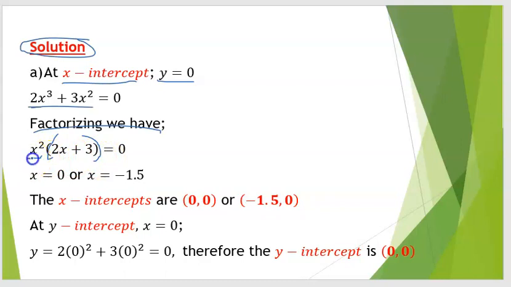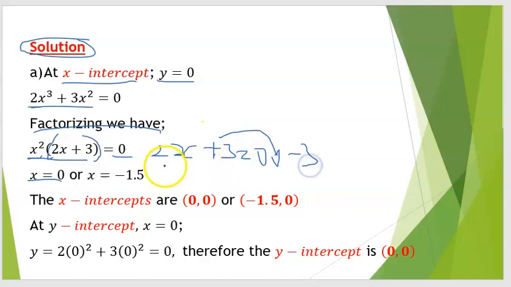So x squared equals 0, and therefore x equals 0, or 2x plus 3 equals 0, which means the 3 goes to the other side as negative 3. Then divide both sides by 2, and we get the next x as negative 1.5.